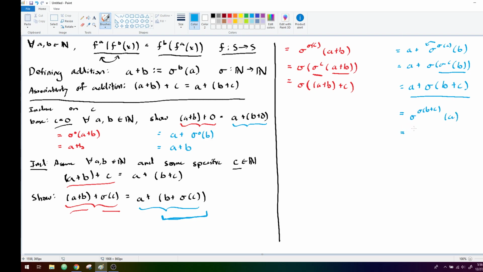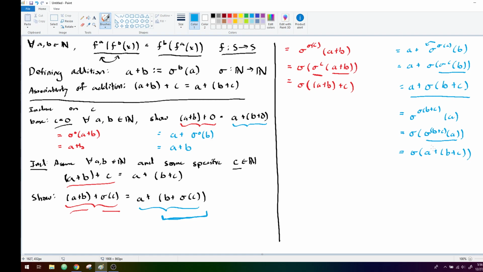Once again, we can pull the leading sigma out, and this is applying sigma to the result of having applied sigma, this time only B plus C times to A. And now we regroup the term in here. So now you can imagine that this is really surrounded by parentheses, so that what the inside becomes is A plus, in parentheses, B plus C.